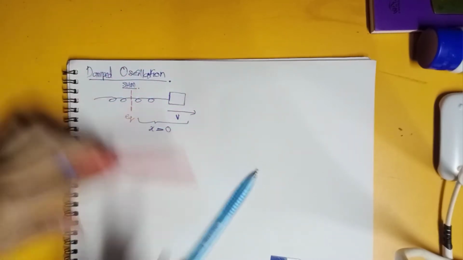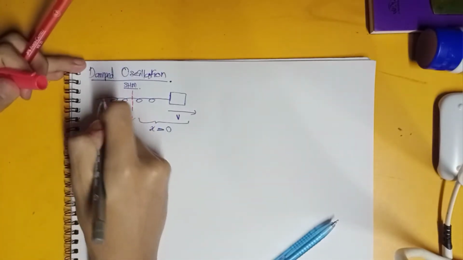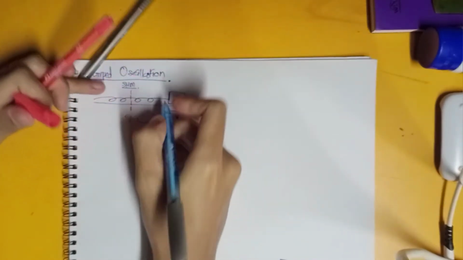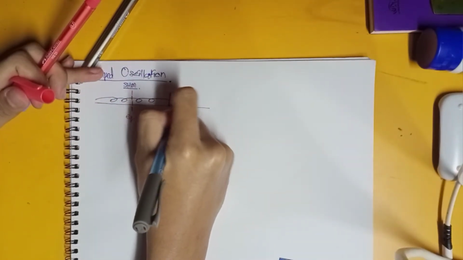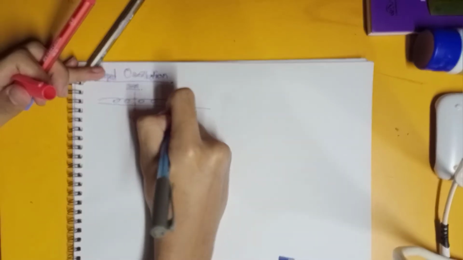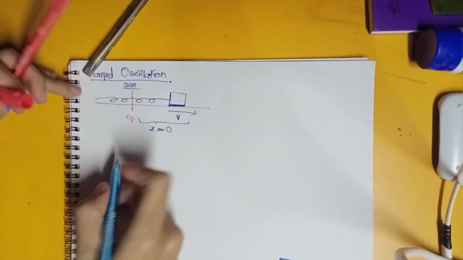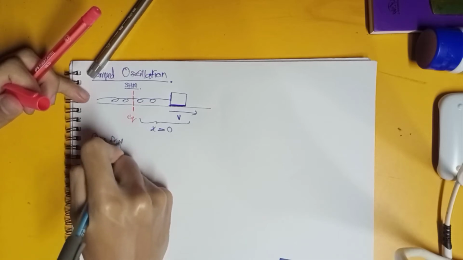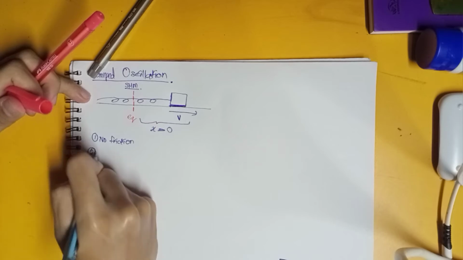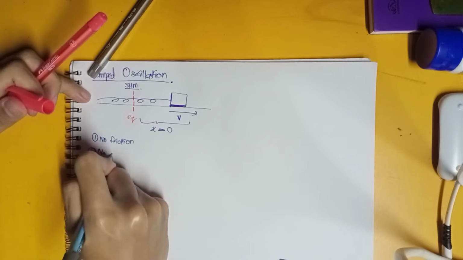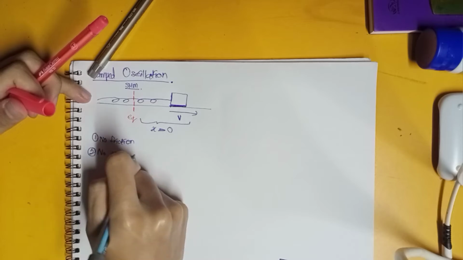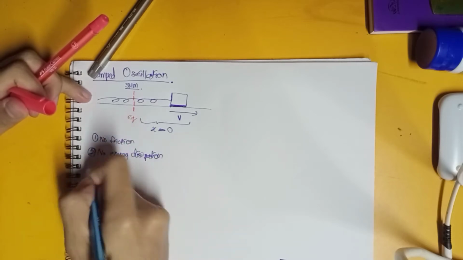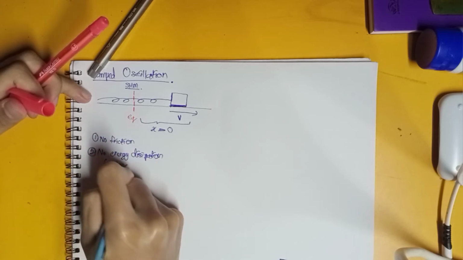So in the simple harmonic motion, we have a spring attached to a block, and at the same time it is on the ground. Remember that in simple harmonic motion there is no friction, and at the same time there is no energy dissipation, which means there is no loss of energy.